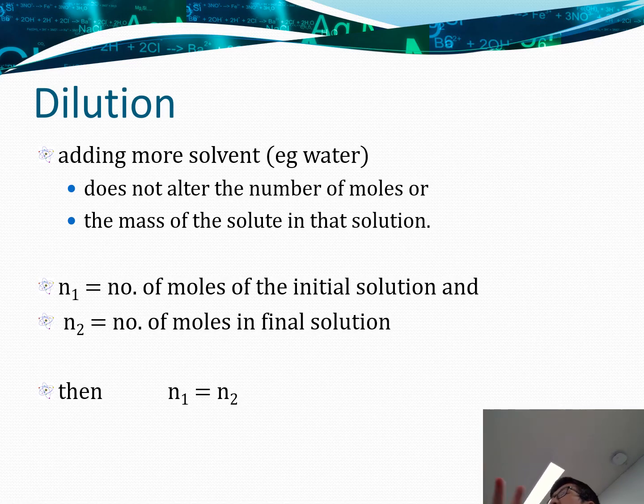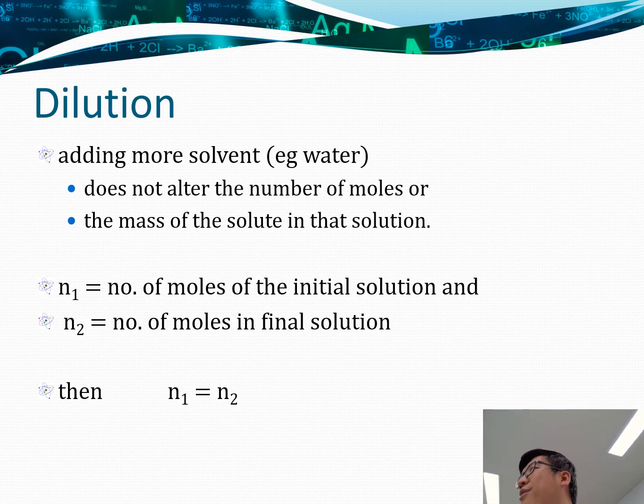So now what we're seeing is subscript for moles. We've got N1 and now N2. The reason for that is because maybe in a question you might be dealing with lots of calculations involving moles.